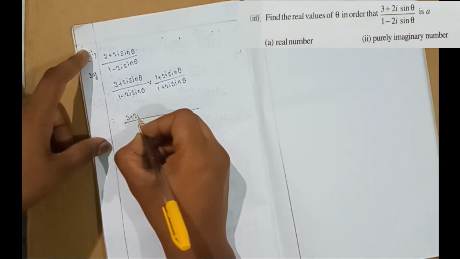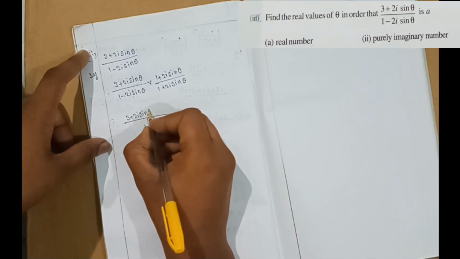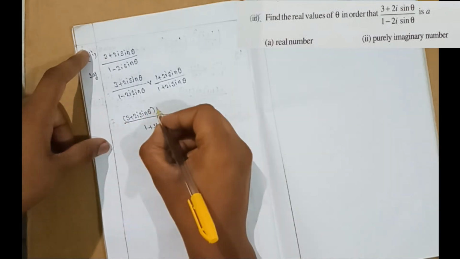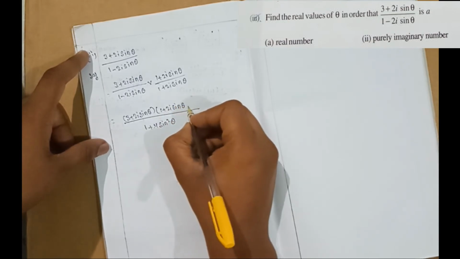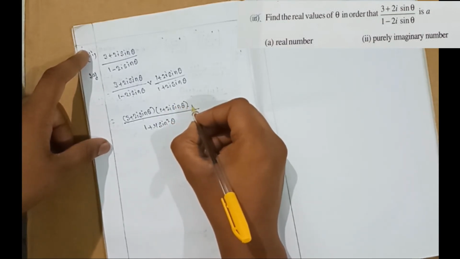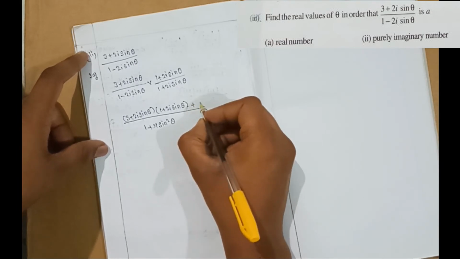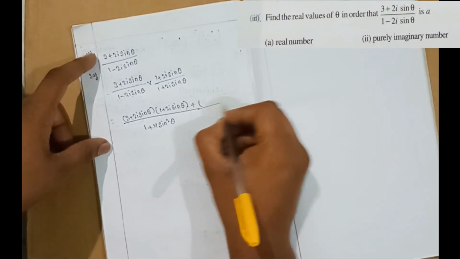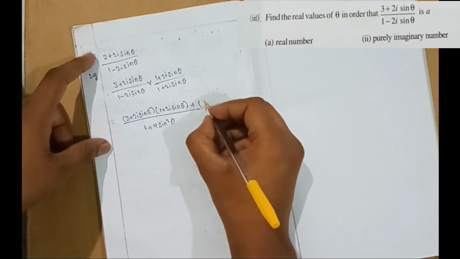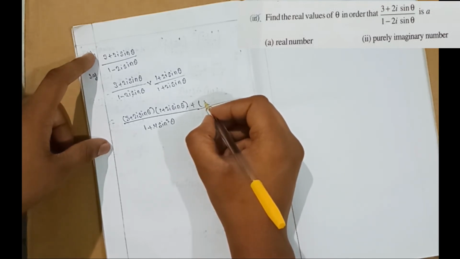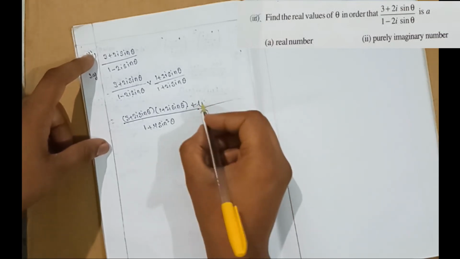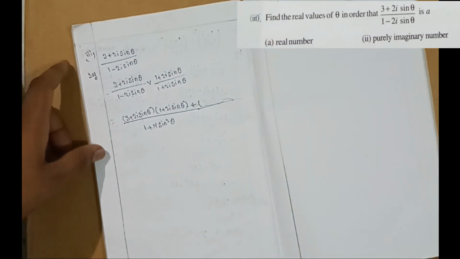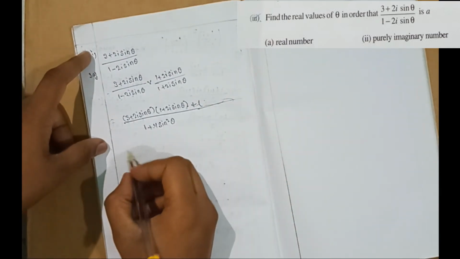3 plus 2i sin theta of 1 plus 2i sin theta.